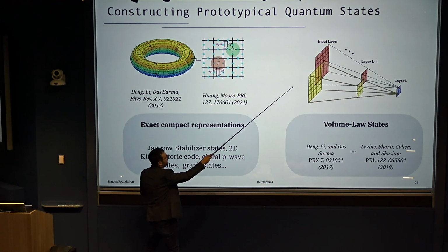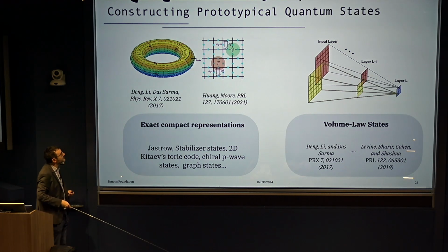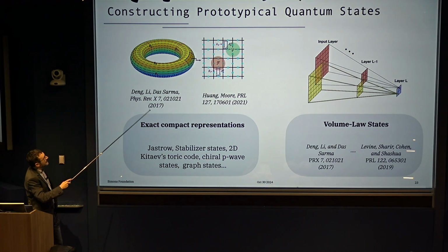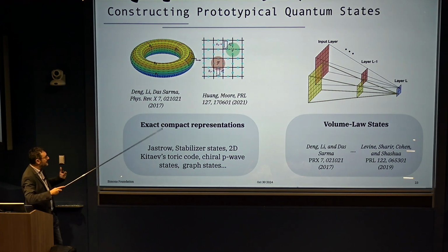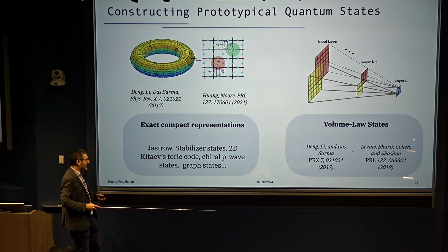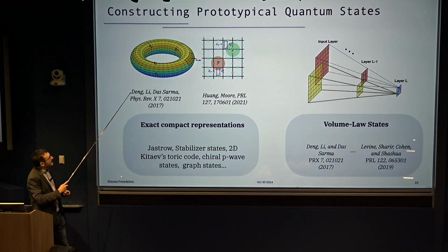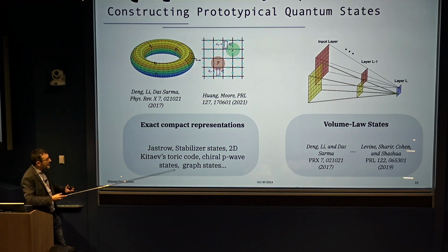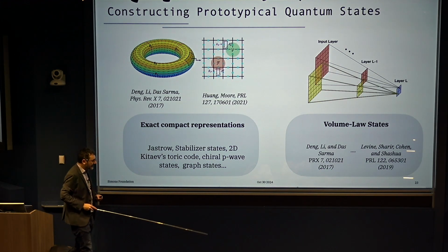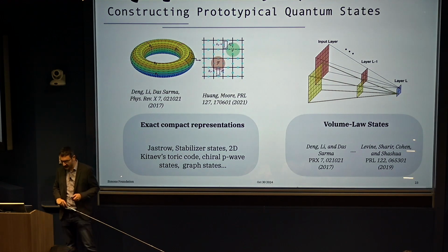So essentially, you can represent states that have an entanglement that scales like the volume of the system. And also, it has been shown that there are some interesting phases that can be found, or can be conjectured to be found experimentally, for example topological phases. And all these phases can be represented with compact neural networks of the form that I showed before, or of the more complex form based on deep networks.